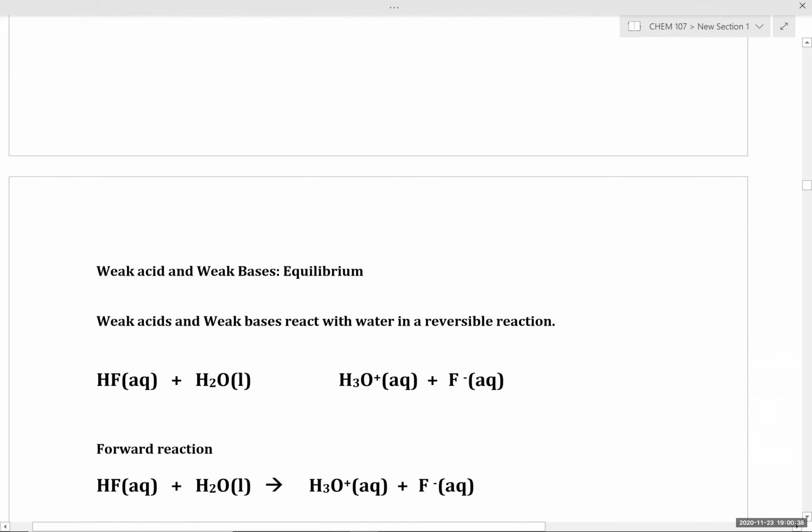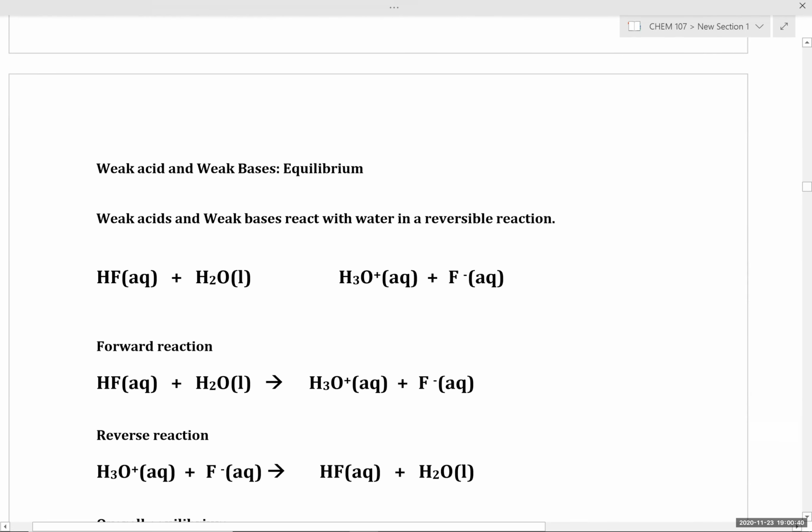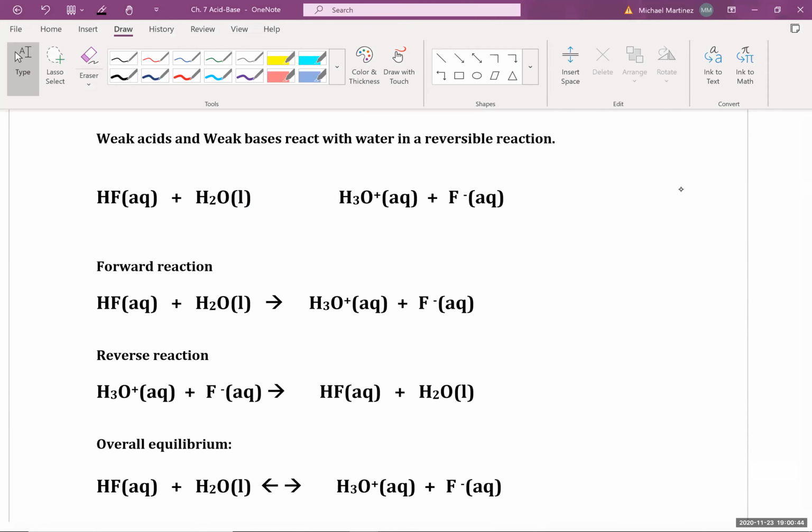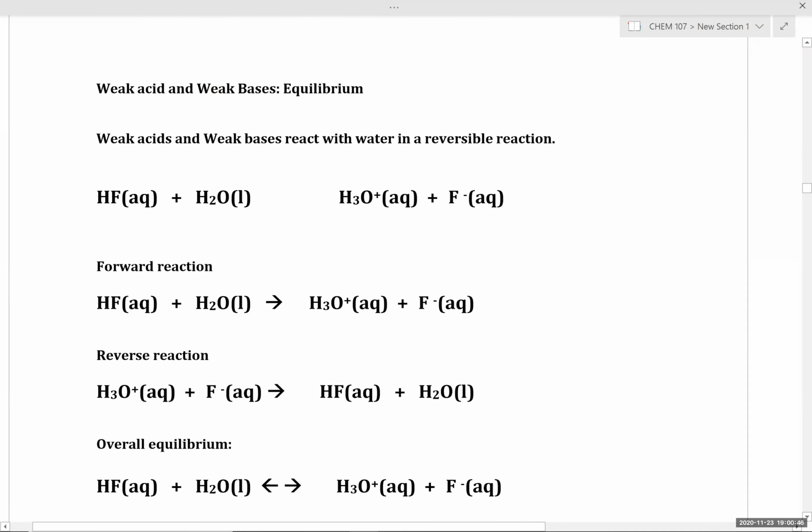So now, when we think about weak acids and weak bases, we discussed this idea of a reversible reaction. So if we put a weak acid or weak base in water, it reacts reversibly with water.